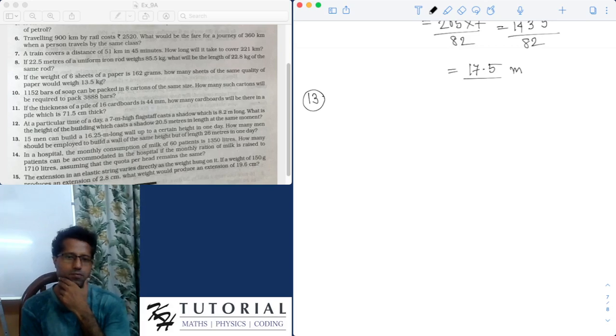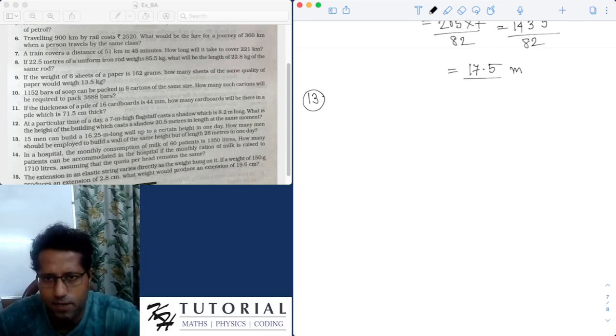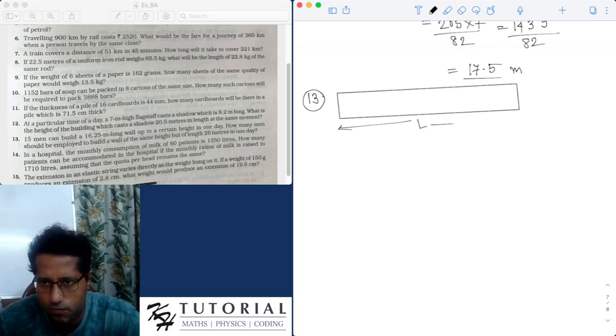How many men should be employed to build a wall of the same height but of length 26 meters in one day? Okay, so basically it is saying that there is a wall. Let's say this is the wall. So the length of the wall is L, and the height of the wall is H.